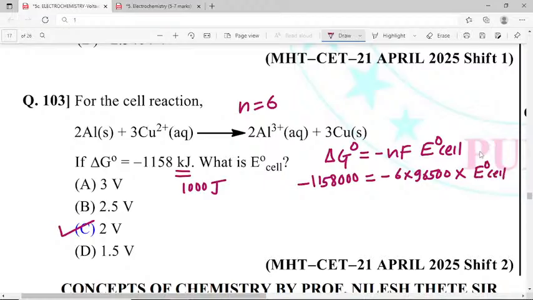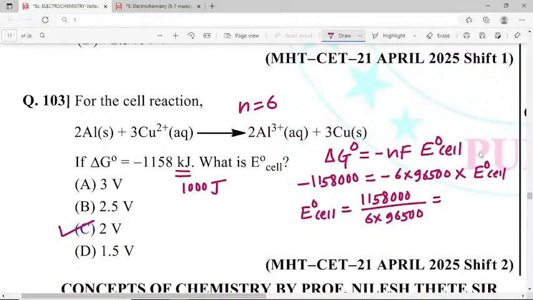E naught cell. So minus minus becomes plus. So E naught cell is equal to 1158 123 divided by 6 multiply by 96500.